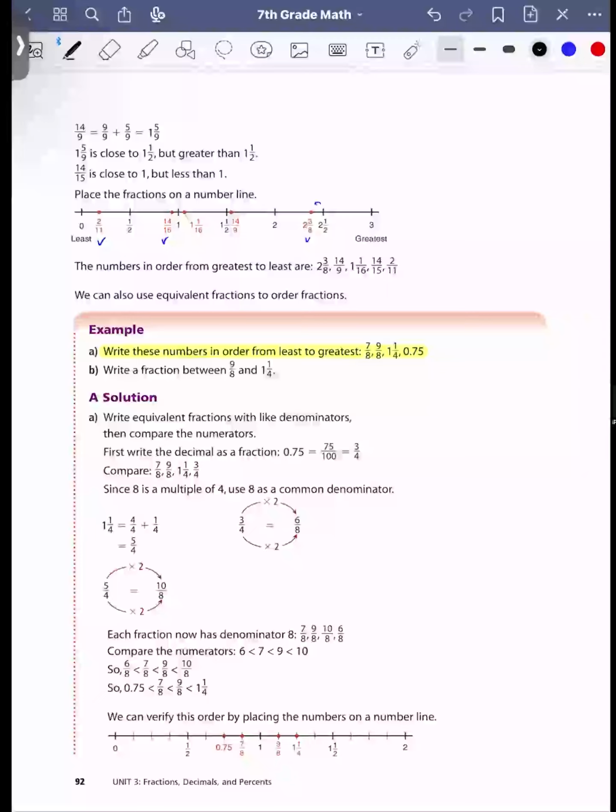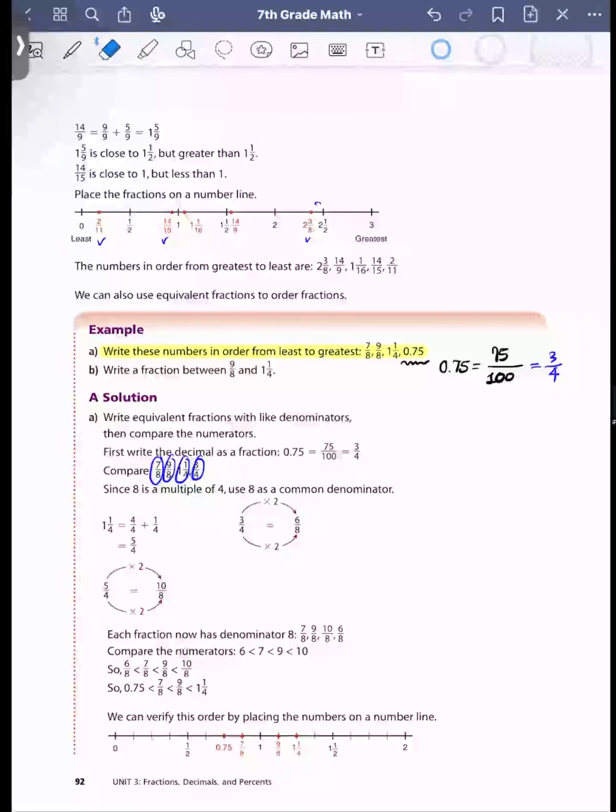For example, we change this decimal into a fraction, which will be 75 over 100, right? Now what you can do is compare these 4 fractions, which is 3 over 4. So we're going to compare these 4 fractions, correct?